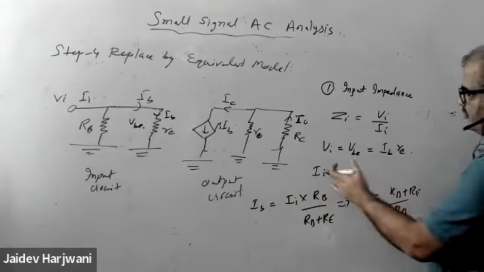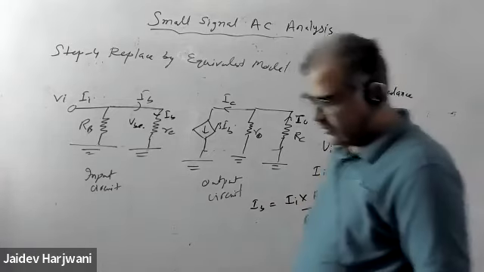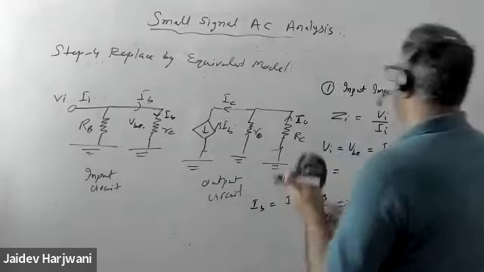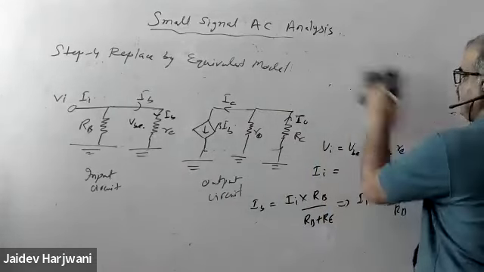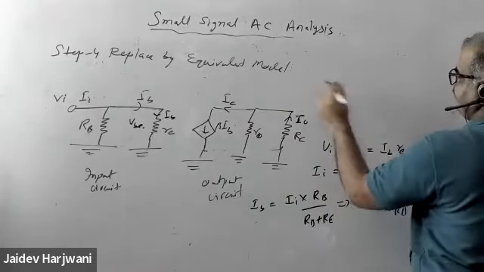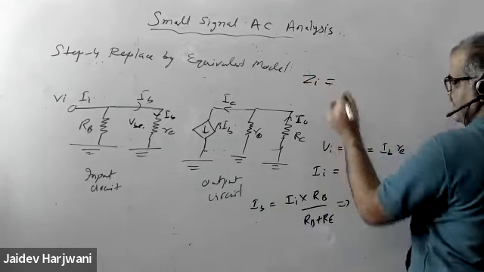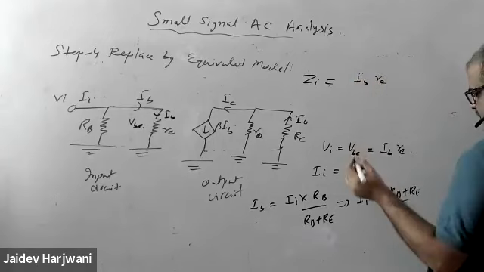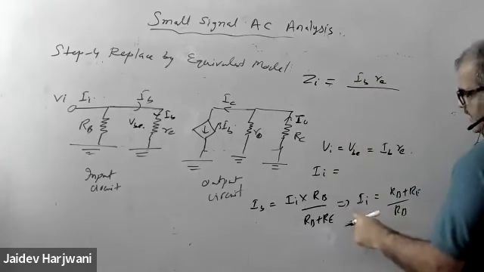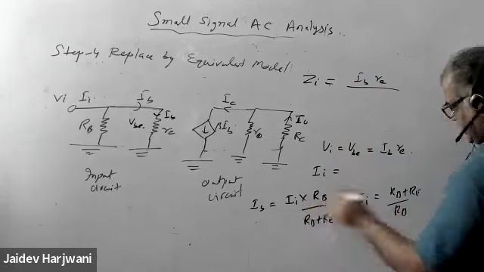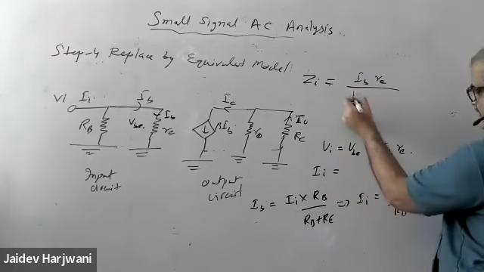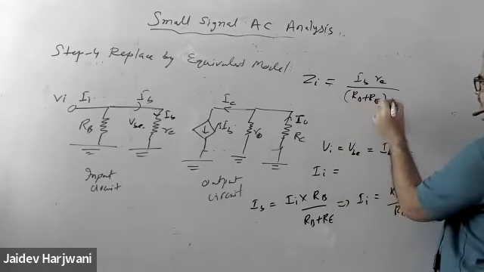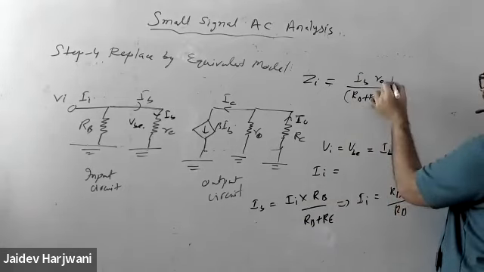Now you know VI, you know II. Calculate your Z impedance. So ZI will be your VI, that is IB RE, and II is your IB, RB plus RE into IB upon RB.